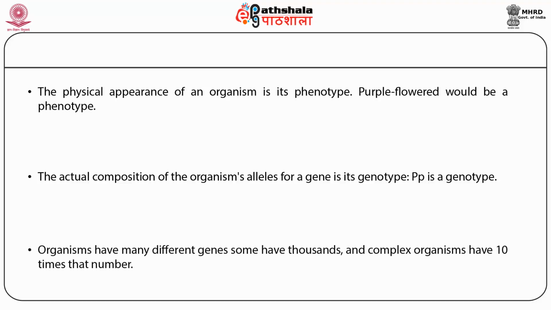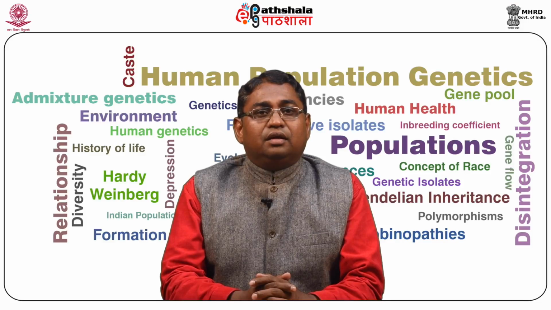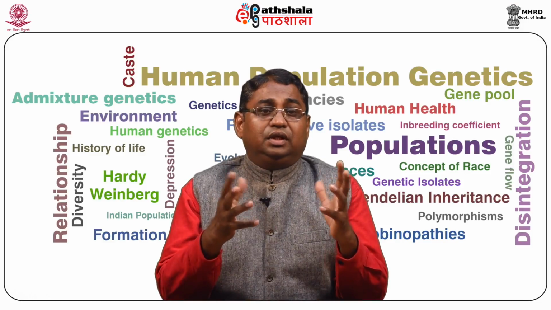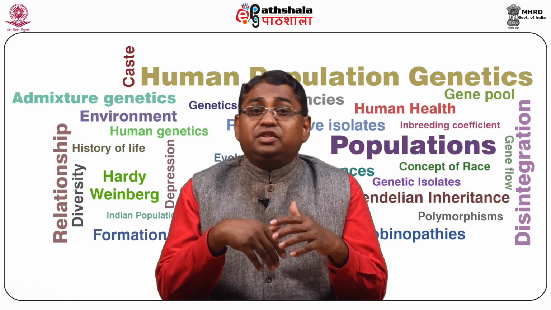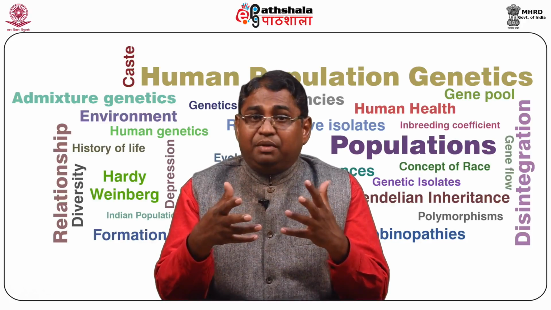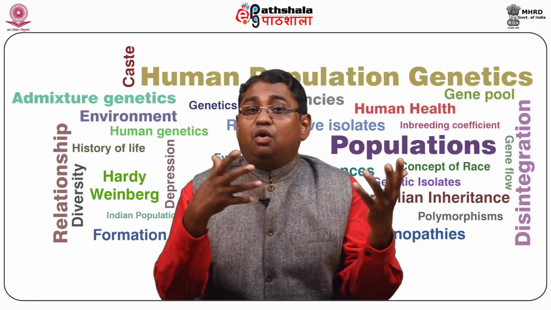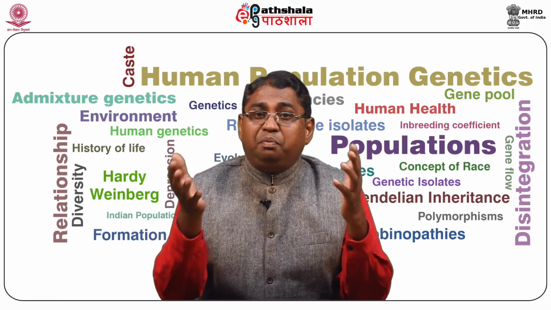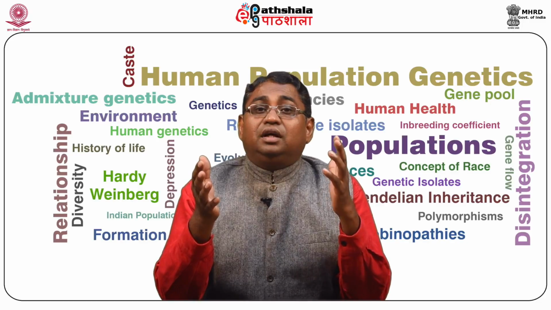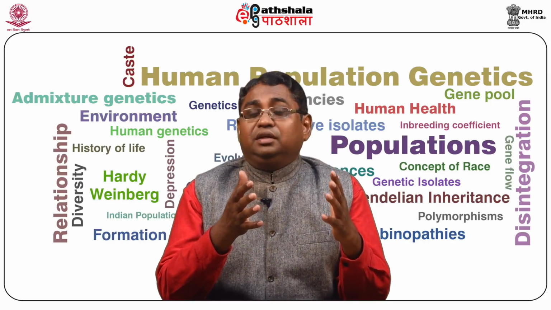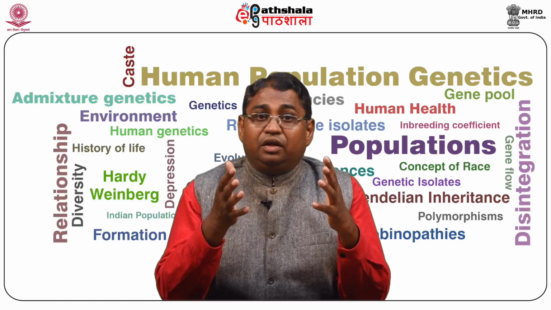Organisms have many different genes. Some have thousands, and complex organisms have ten times that number or even greater. Further understanding Mendel's experiments, or Mendel's law of inheritance, we have to understand the experiment conducted by Mendel.